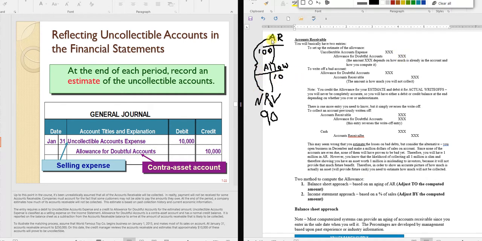Just like equipment and accumulated depreciation, these two accounts always go on the balance sheet together. And we call the value the net realizable value. So the net realizable value of accounts receivable is $90. On the balance sheet later on, we'll see the line accounts receivable less the allowance of 10. So my net realizable value is $90, and that's pretty important.